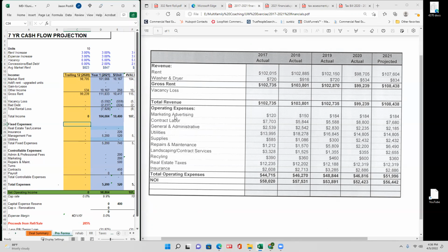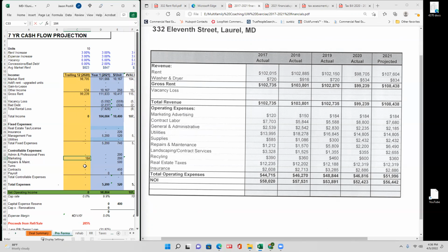All right, so let's start our marketing and advertising right here. Marketing is 184. Oh, now the expenses are hitting, okay. Contract labor, so contracts, they said 8,800.